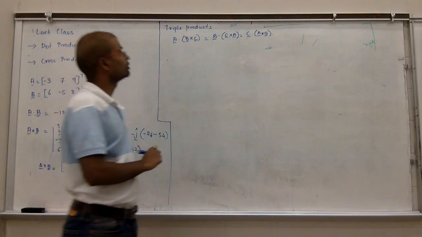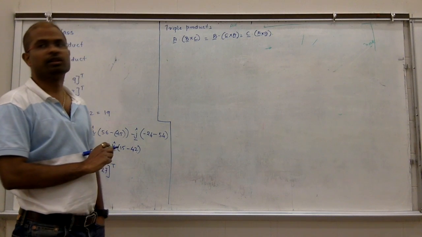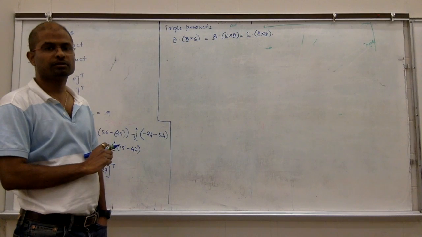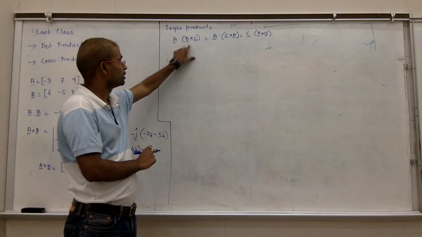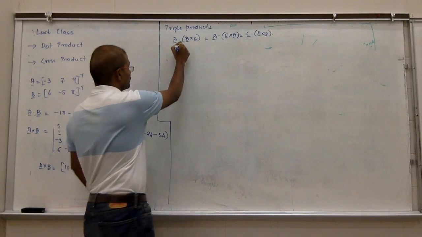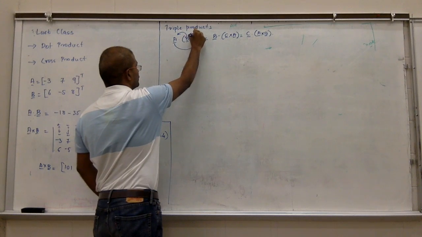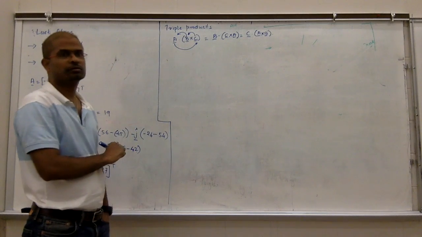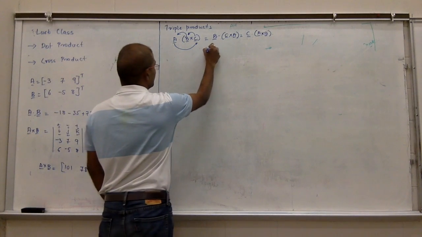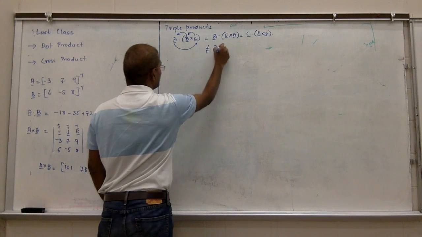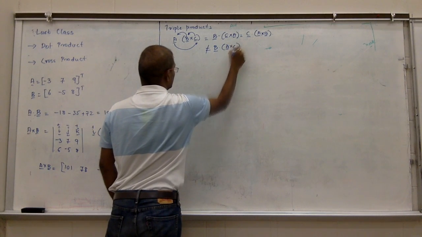Now look at how it is rotating cyclically. Can you see the cyclic rotation? You have A, B, C, right? So A has gone here, B has gone here, C has gone here. This cannot be equal to B dot A cross C. This is wrong.